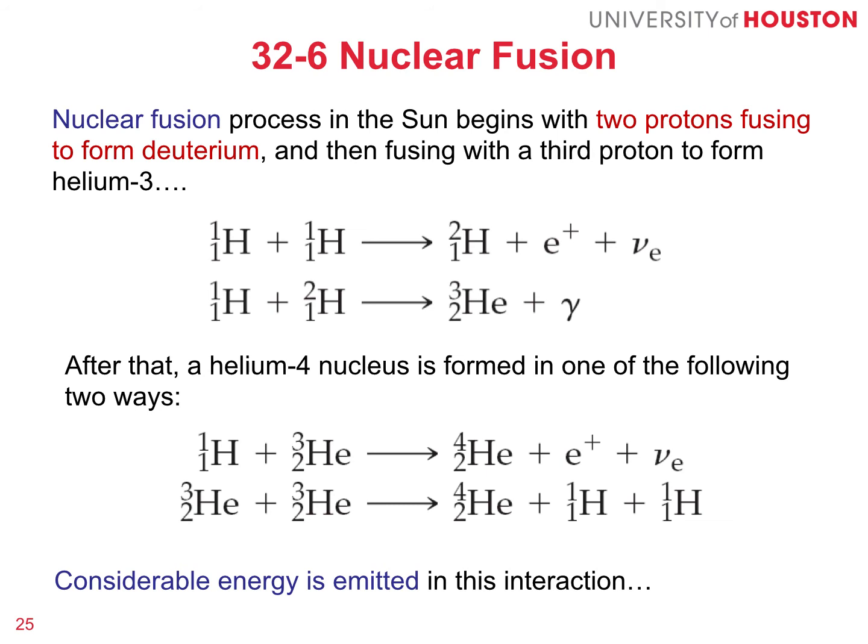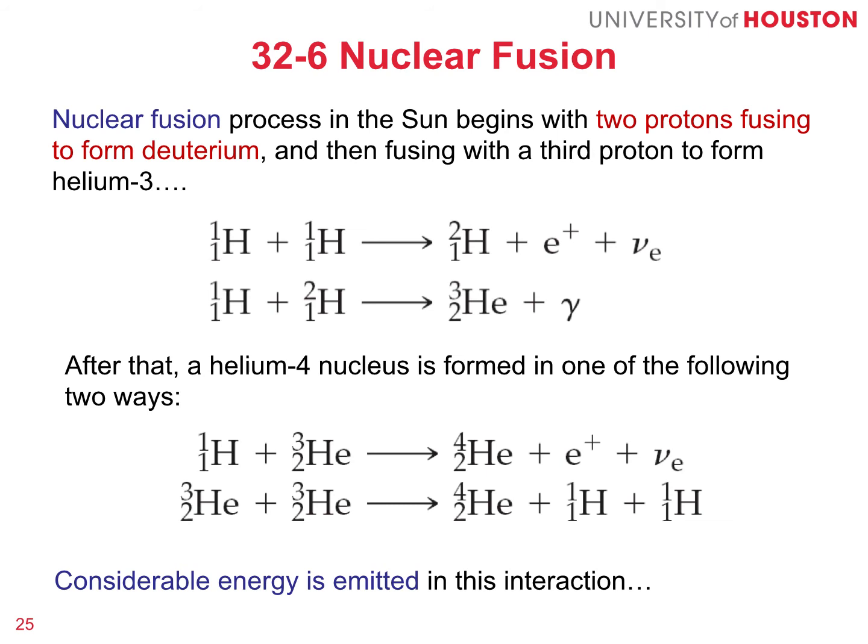Here we describe the actual process of nuclear fusion in the sun. It starts off by two hydrogens combining to make a deuteron, which is a hydrogen with one proton and one neutron. Then deuterium can combine with a normal hydrogen, and this makes helium-3, where the helium has two protons and one neutron.